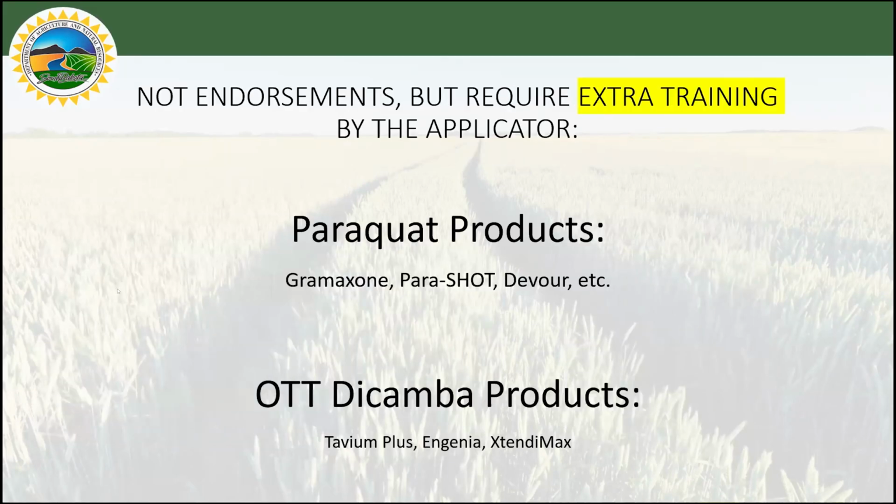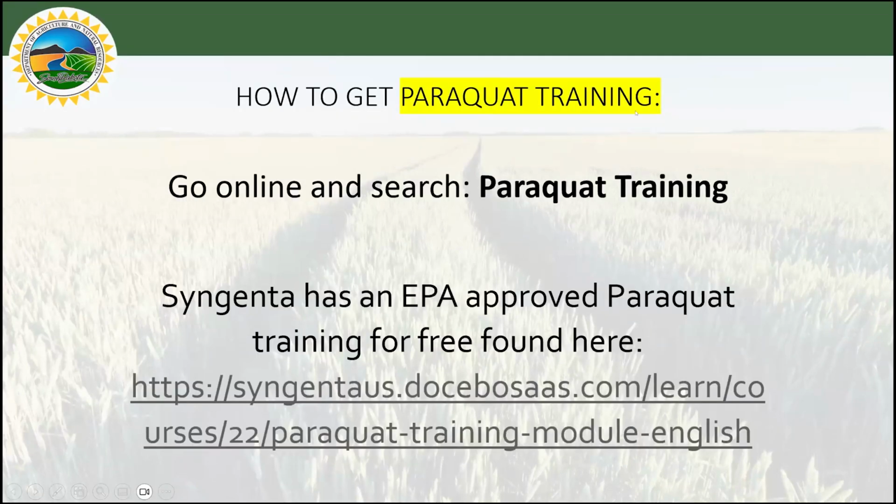Okay, now we're on to a couple chemicals that are not endorsements, but they do require extra training by the applicator, and that's going to be any paraquat products, and possibly, if EPA approves them, any over-the-top dicamba products. So how do you get paraquat training? You can go online and just Google search paraquat training.